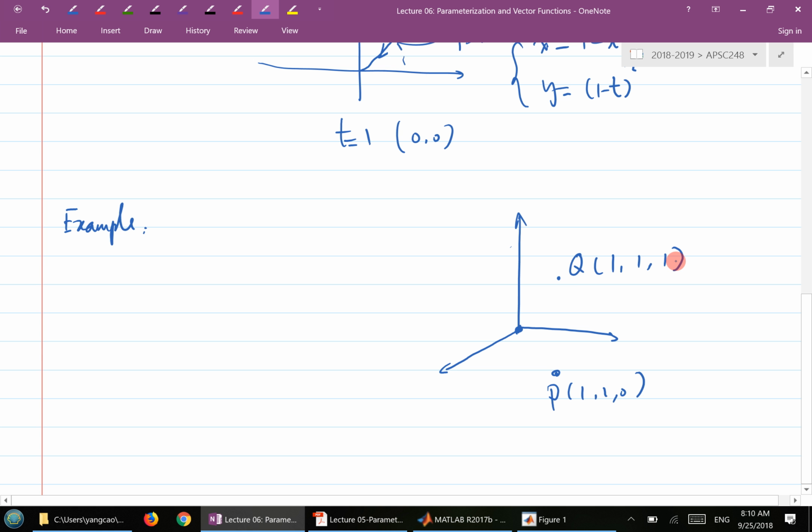So giving you 3 points here, and then we can establish two segments of curves. So this is C1 and this is C2. And the idea is to obtain a parametric equation for C1 and C2.